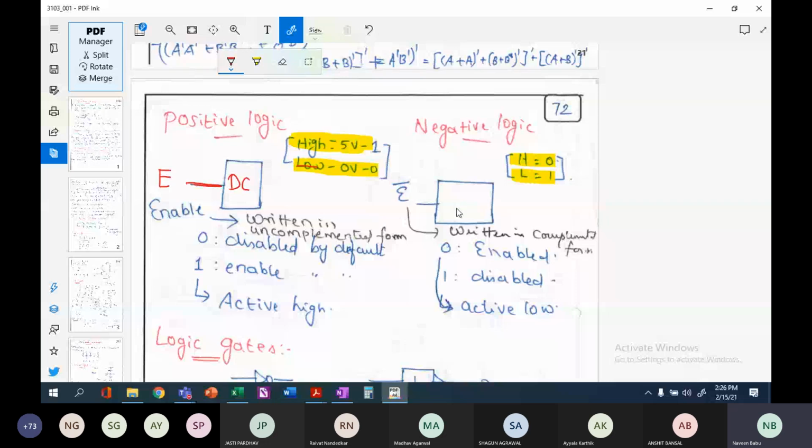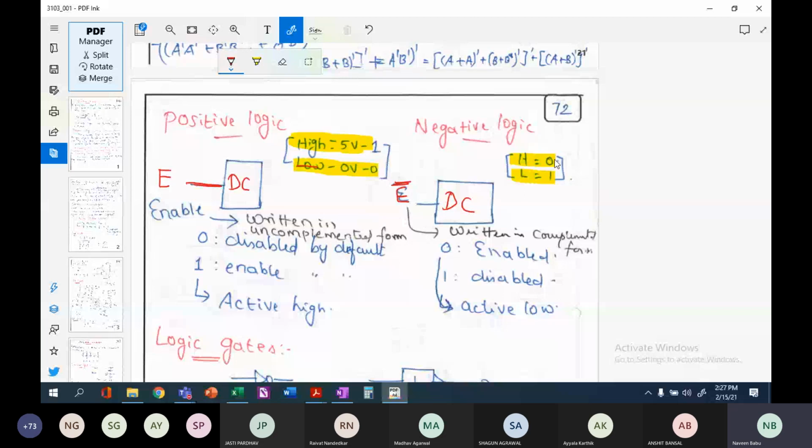But if it is negative logic, we have to give a complemented input to activate it, which means the whole digital circuit will get activated only when you give a zero input across the enable signal. All other times, if you are giving a high input, that is when E is equal to 1, or plus 5 volts, then this digital circuit will not be active.